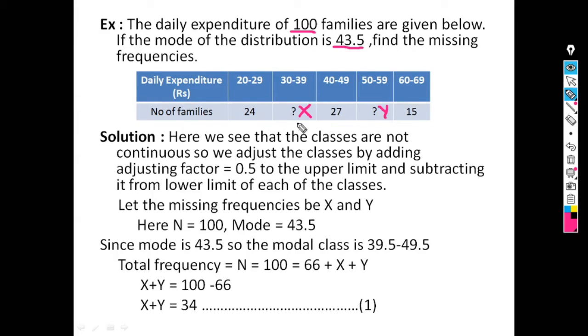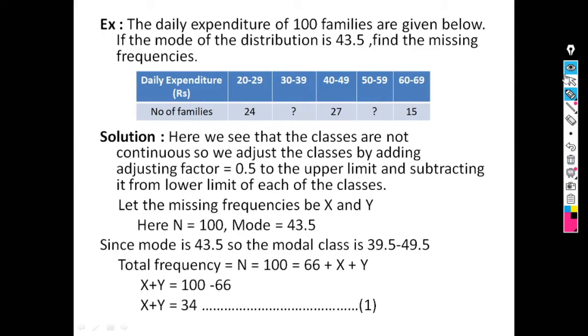Here we see that the classes are not continuous, meaning the upper limit of the first class interval is not the same as the lower limit of the second class interval. For this we have to convert these classes into continuous classes by using the adjusting factor, that is, subtract 0.5 from the lower limit and add 0.5 to the upper limit.